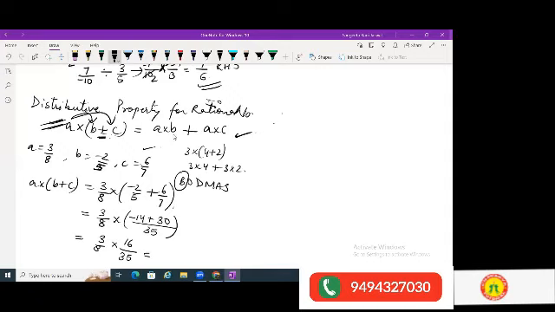There is no multiplication and division in this distributive property, because if in place of addition we write multiply, this becomes associativity over multiplication. And if we write divide here, that becomes associativity over division.